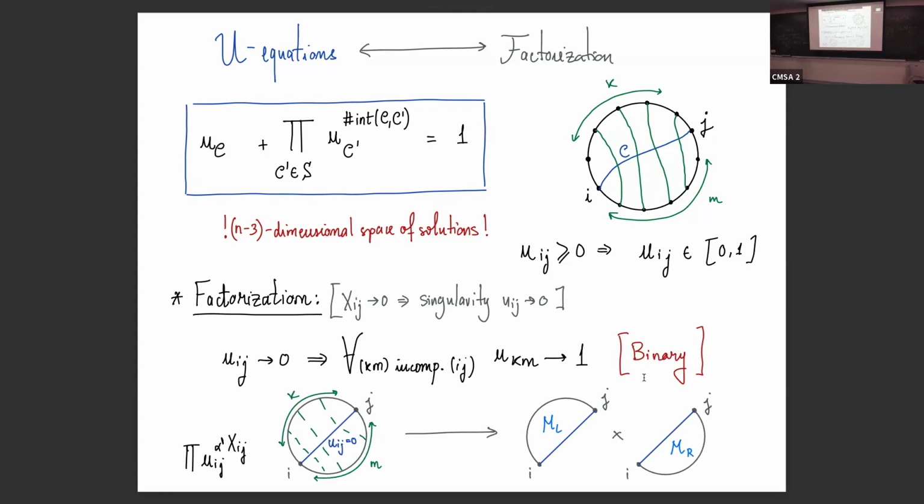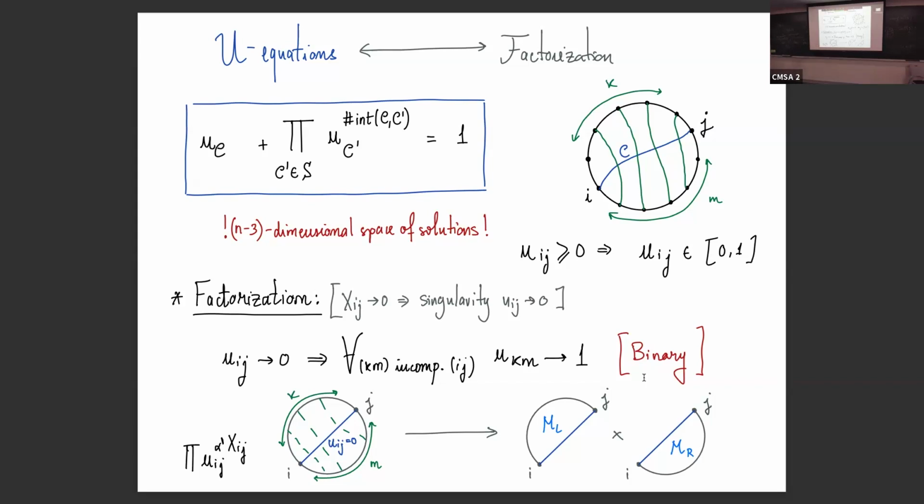This is what is called the binary property of the U variables. And so we see that in the Koba-Nielsen factor that we had on our amplitude, the product of all the U's, when we go near this locus where a given U goes to 0, the contribution from the curves that cross all go to 1, so that this factor precisely factorizes into the product of those living on the left and the product of those living on the right. And so we're producing precisely the factorization that we expect on this locus.